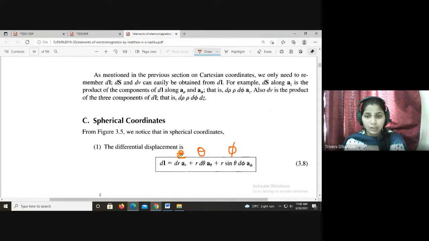Now in these coordinates, r is a simple length because radius is in meter, kilometer, right? It is a length. So the differential length for r is simple, dr.